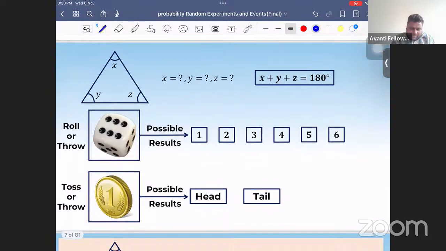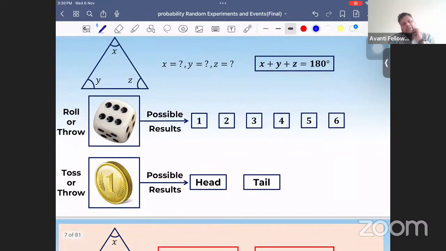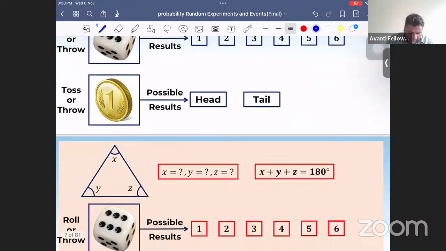Okay, so what is a random experiment? Random experiment is one where there are possible results. Getting my point? So, like if you toss a coin, you get head or tail. If you roll a dice, you get 1, 2, 3, 4, 5, 6.